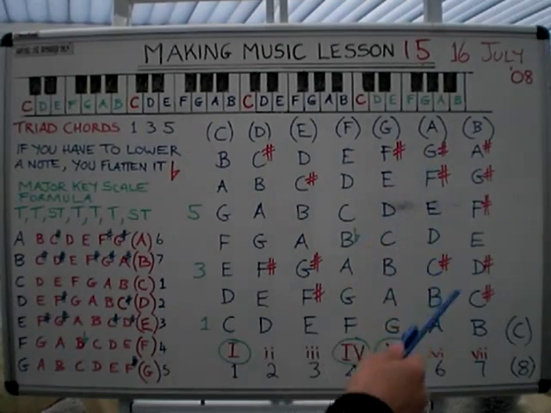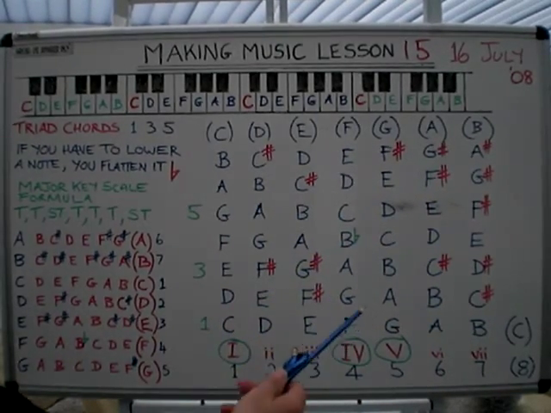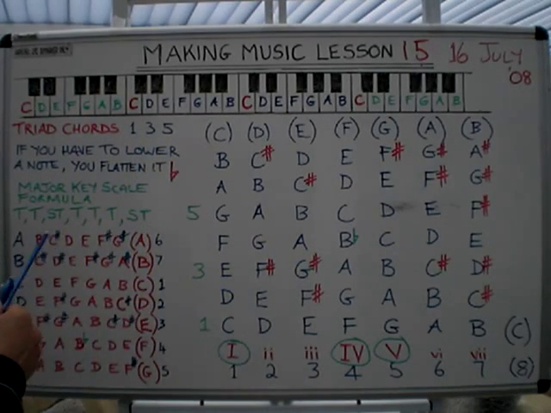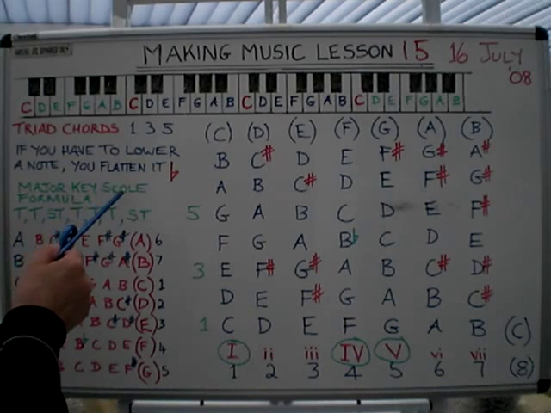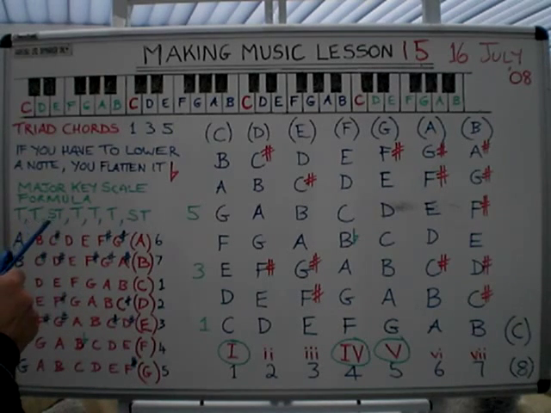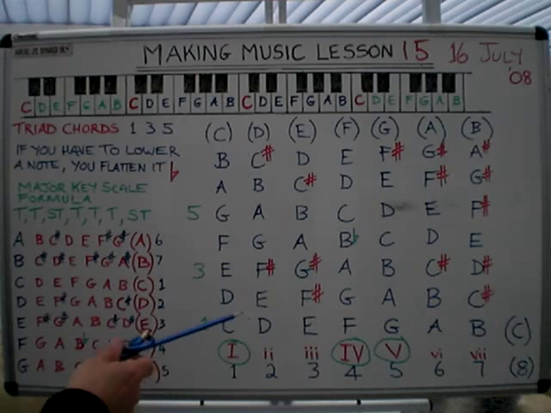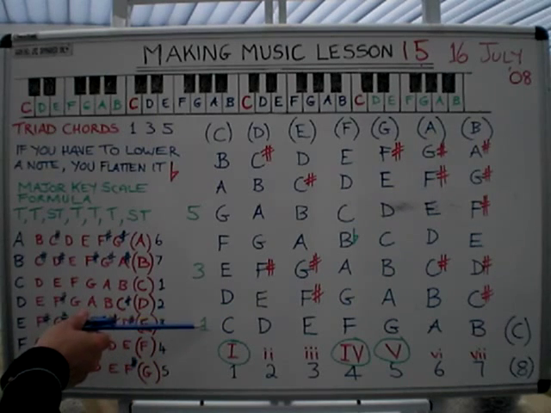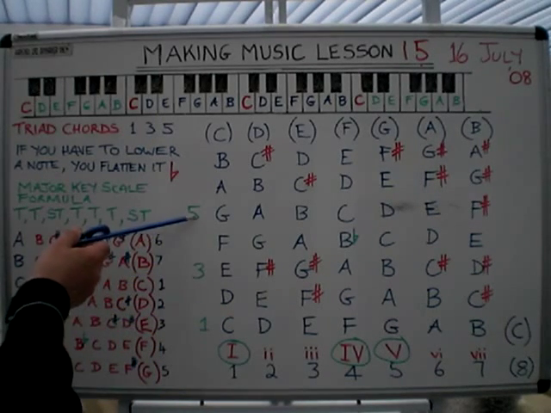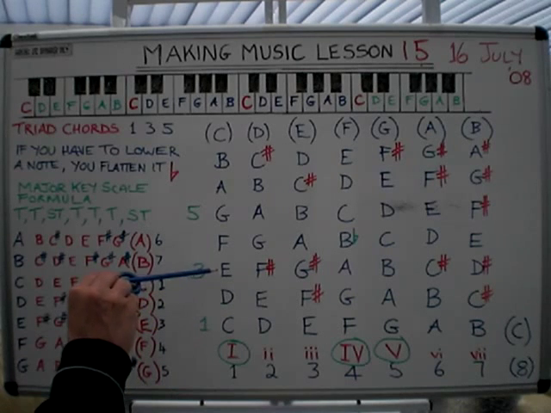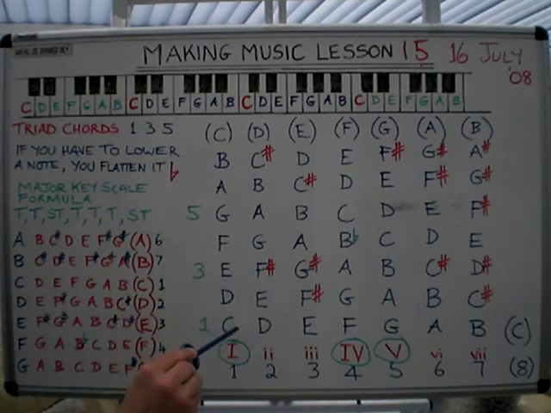Now I want to go on to here. In previous lessons we'd spoken about this major key scale formula of tone, tone, semitone, tone, tone, tone, semitone. I want to produce chords today, as we were doing in a previous lesson, of the 1, 3, 5 position. That is, for a chord of C, we used the C, E, G to produce a chord.